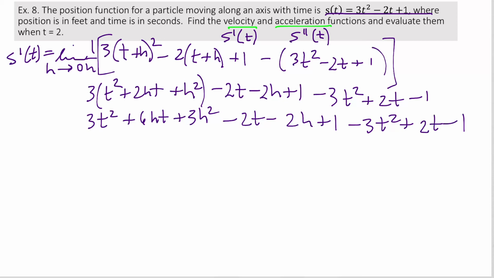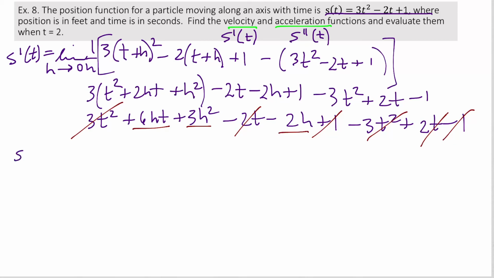All right, so something should cancel in all this. So the 1 minus 1, negative 2t plus 2t, negative 3t squared, 3t squared. So we've got 6ht plus 3h squared minus 2h over h.